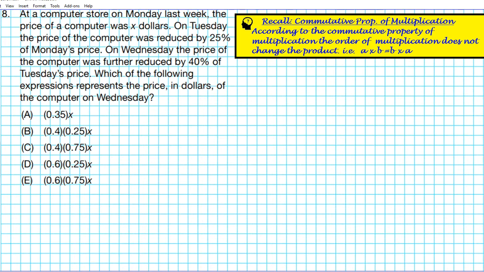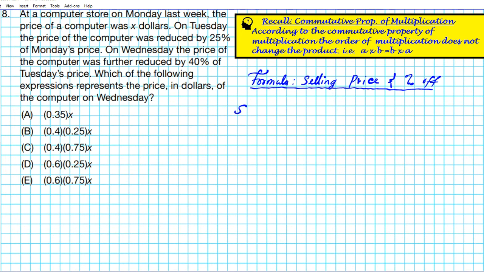So to get us started, we're going to write down the formula to compute the selling price when you're given a discount. So the formula for the equation involving selling price and percent off. Alright, so what does that look like?